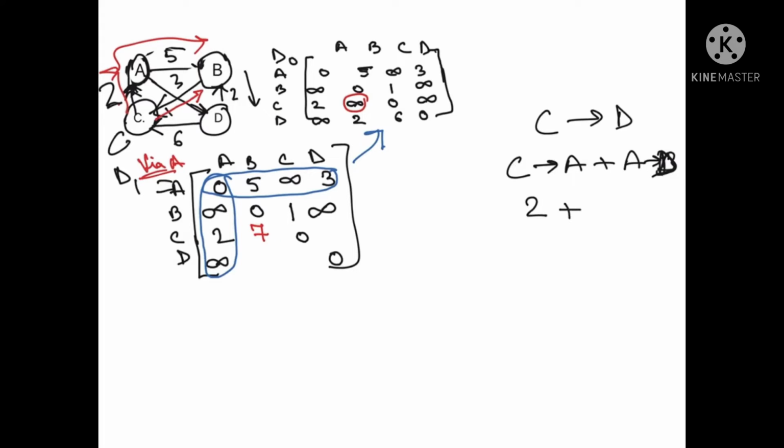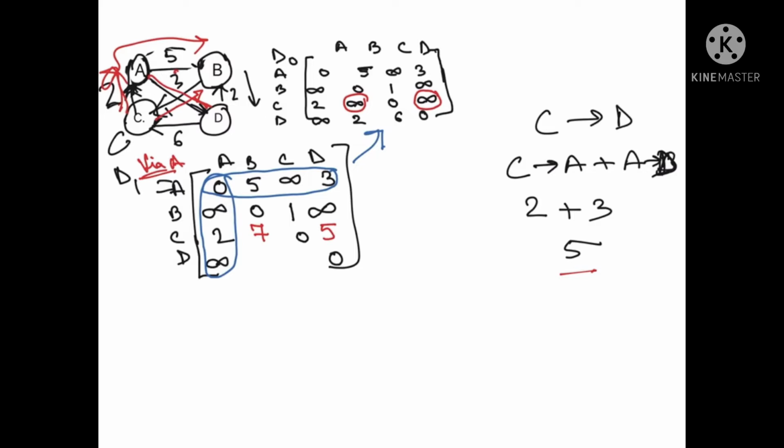That is 2 plus A to D is 3, which is actually 5. So if you see here, C to A is this and A to D is 3. So that makes 5 here. So what will I do? Now this value will also change. This becomes 5 here. Okay.